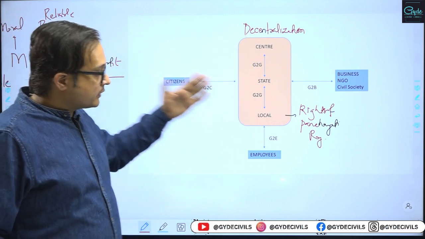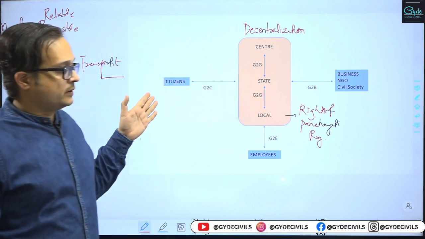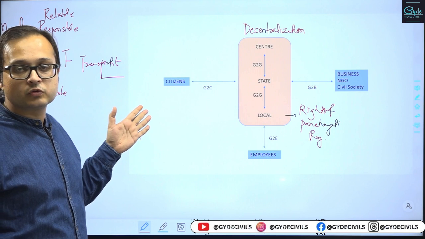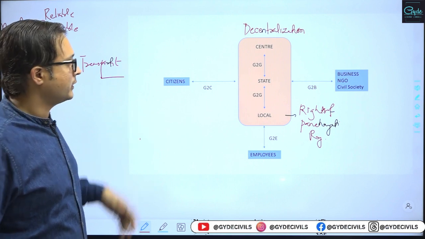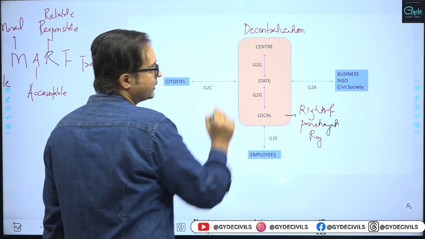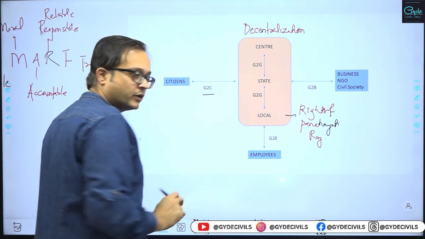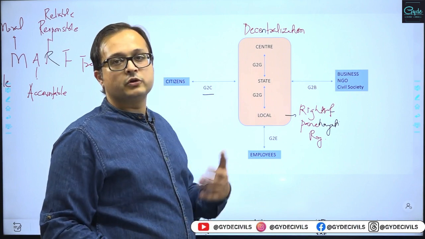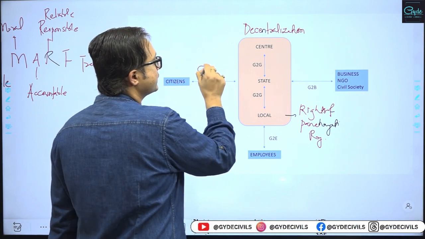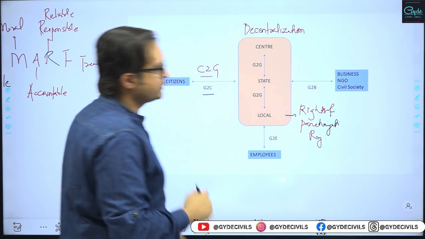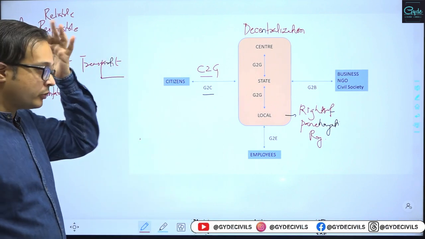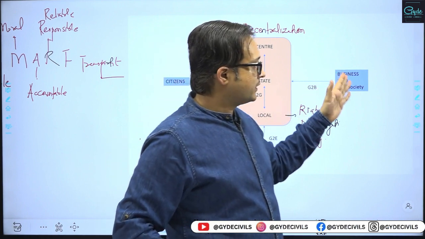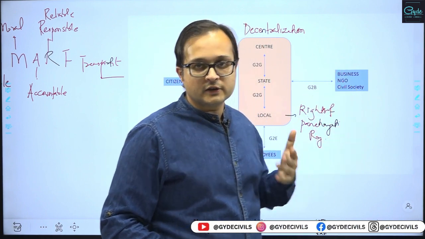Then this directly relates to the benefits which can be provided to citizens, right? That is termed as government to citizen, G2C interface, which is being created. The citizens can also provide feedbacks to the governments. That is called C2G, right? Citizens to government. That can also be enabled over here. Then the governments also help to improvise businesses, NGOs and the civil societies which are present, right?